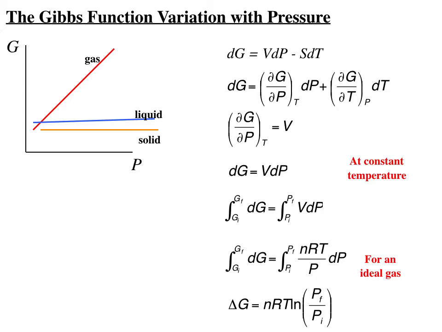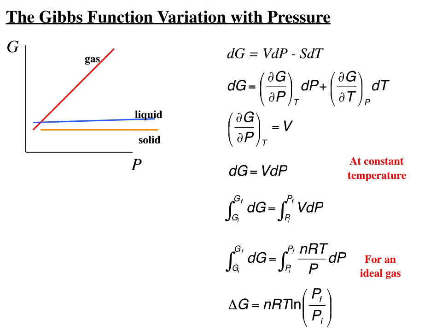Now, as we did before, let's look at the plot on the left of G versus P and look at how G versus P varies for the three phases of matter. Note, first of all, these are all positive slope values. That is because, of course, volume is a positive quantity.